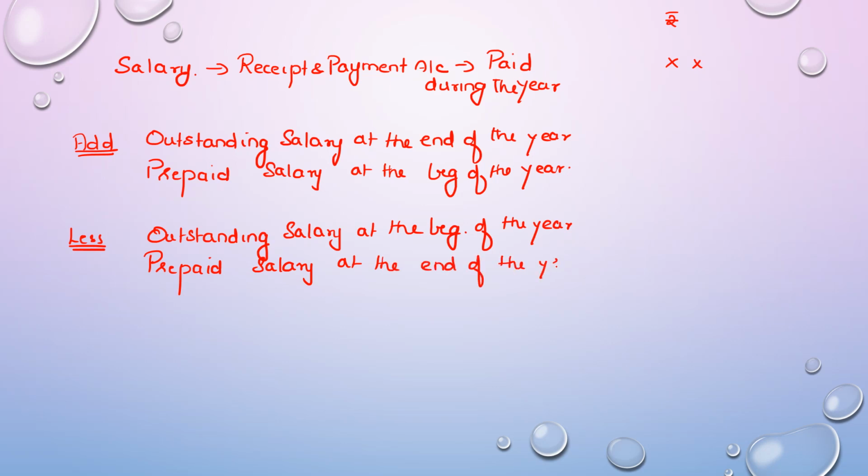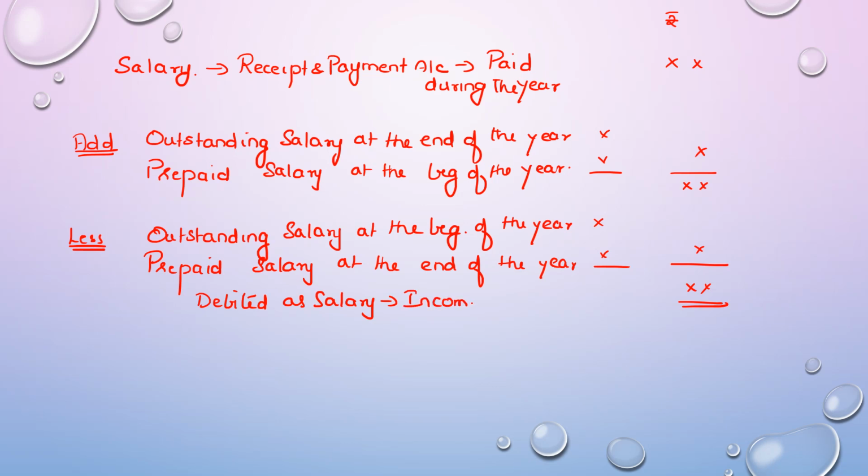So when we adjust these amounts, the amount that we finally arrive at would be the item which would be debited as salary expense in our income and expenditure account. So this would be the amount.